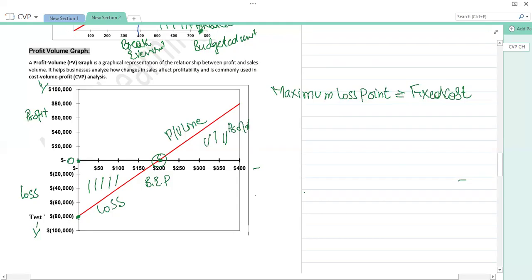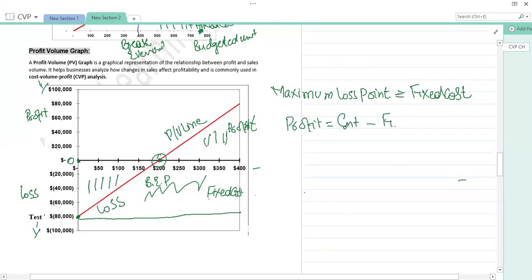If I expand this line, it is a straight line, and all this is your fixed cost. This is your profit, and this is your fixed cost. We have learned profit is equal to contribution minus fixed cost.